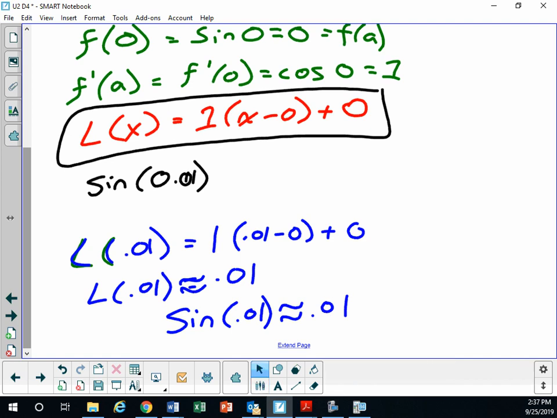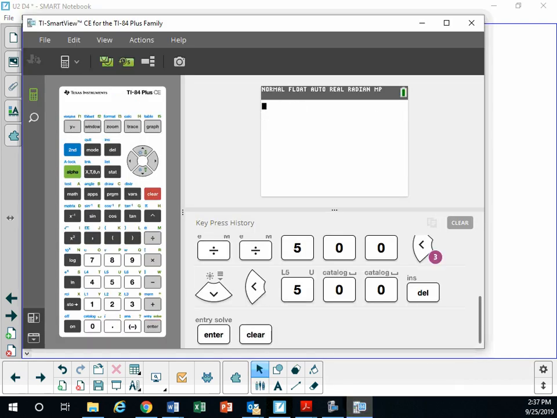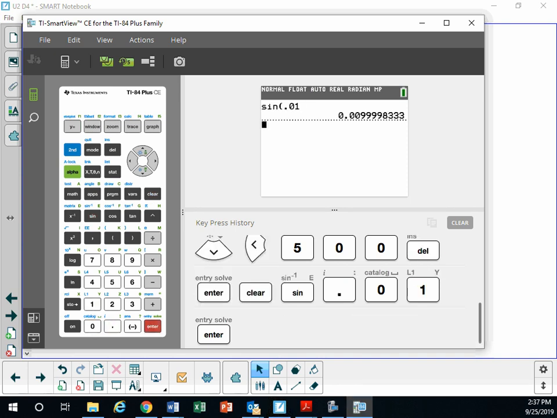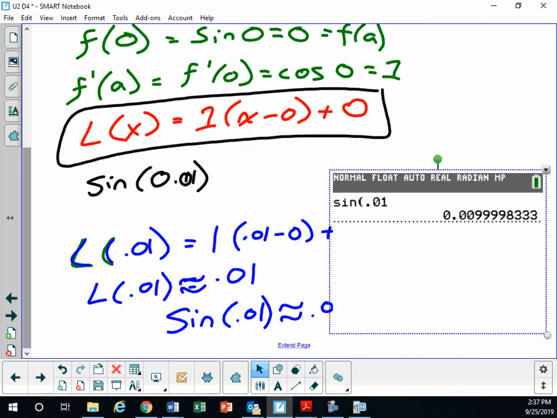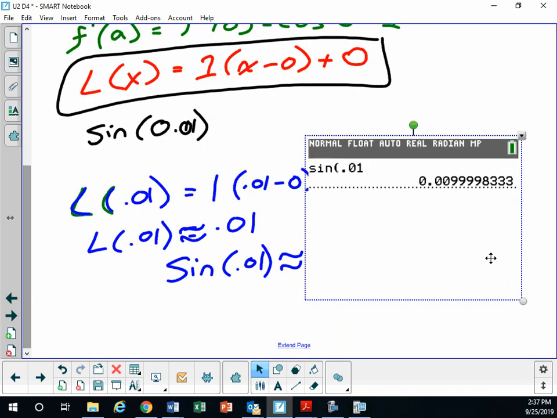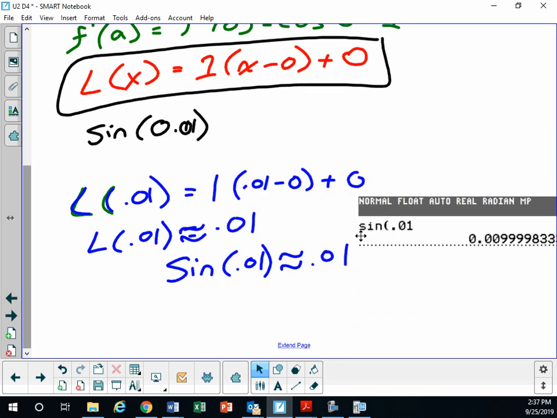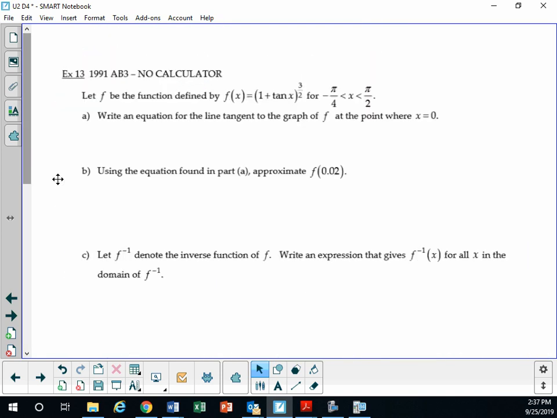If you look, the sine of 0.01 is 0.009998. That's pretty daggone close. So local linearization is nothing really new. It's literally the equation of the tangent line, but it's using it to approximate something that I don't know. So let's skip ahead.